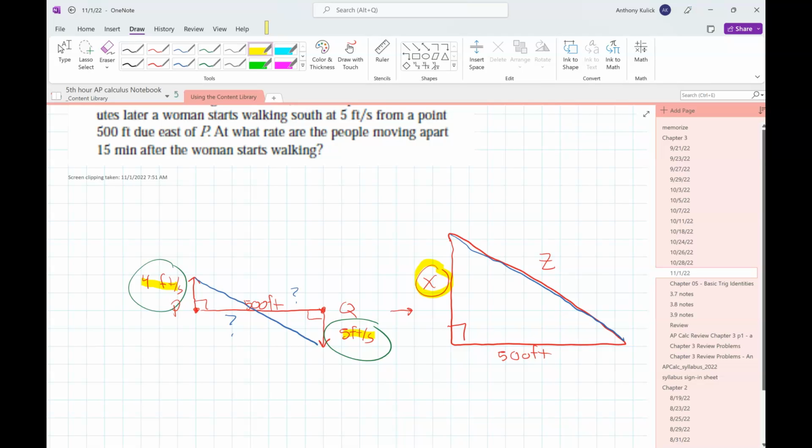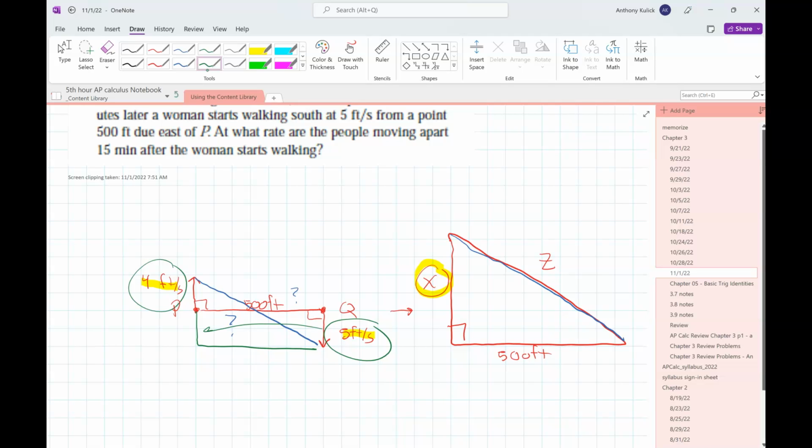So say after 1 second, how long is that side x going to be? 9. Right? Because what you're really doing is you're taking that and just slapping that over there, right?